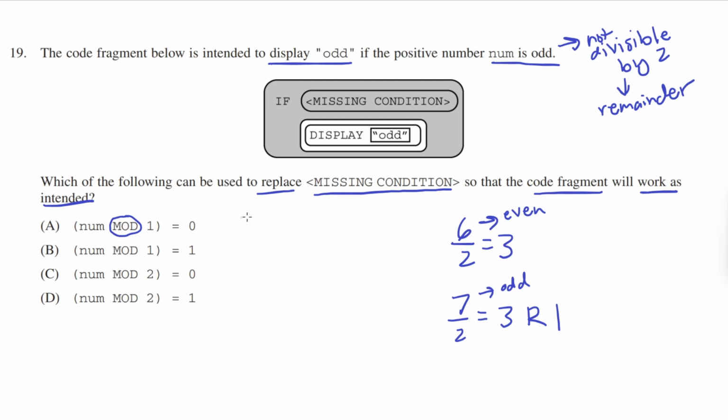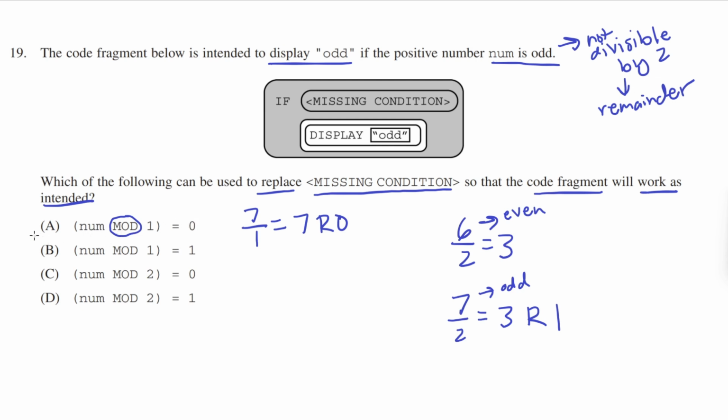So say num was equal to 7 and we divided it by 1, we would see that 1 fits into 7 7 times. There would be no remainder. The remainder would be 0 because there's nothing left over. And that's the case every time when you use a modulus of 1, because 1 fits into every single number. It would just be 1 times that number. So modulus of 1, no matter what the number is, will always return 0.